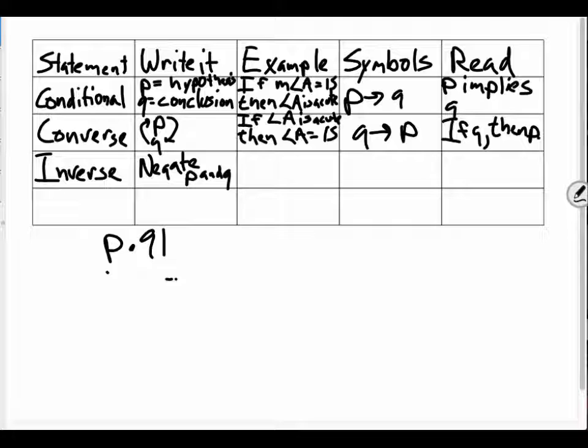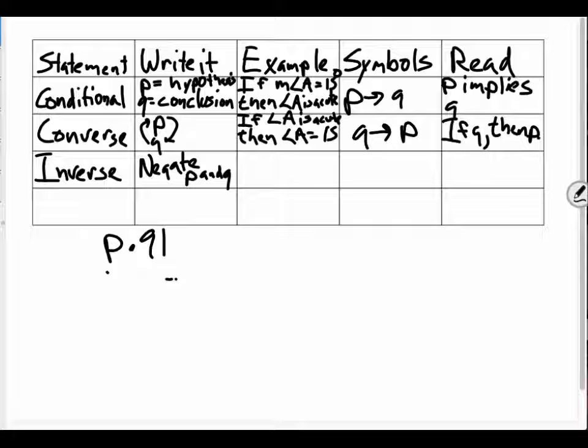But real quick review. The statement is a conditional statement. P is the hypothesis. Q is the conclusion. An example is if the measure of angle A is 15 degrees, then angle A is a cube. For the converse, we flip-flop P and Q, and we say if angle A is a cube, then angle A is 15 degrees.